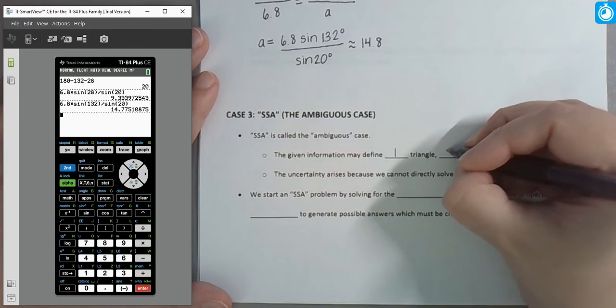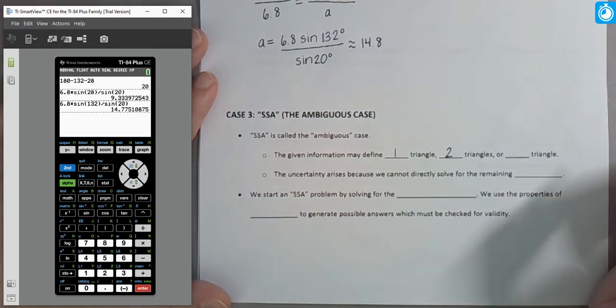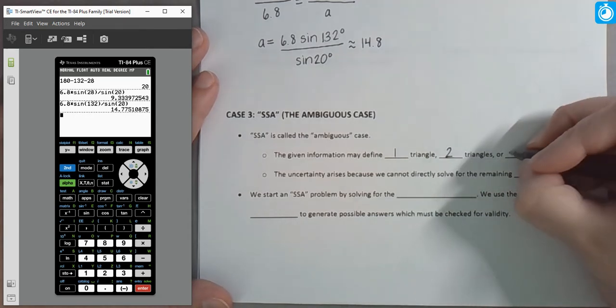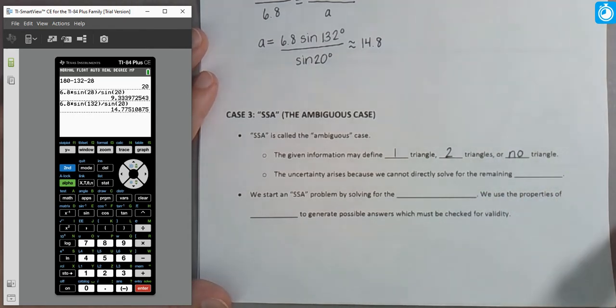It could also define two different triangles, and I'll show you why in just a minute. Or technically, it could define no triangle at all. So we may have values given, and we may be able to draw a triangle to start with, but it may turn out that that particular combination of values can't actually exist within a real triangle.